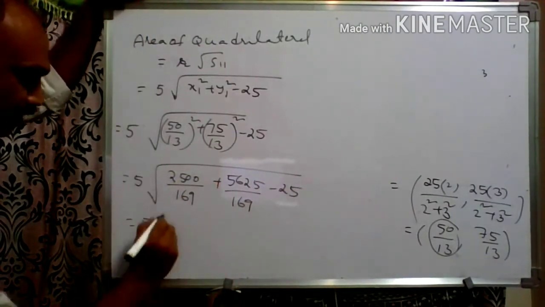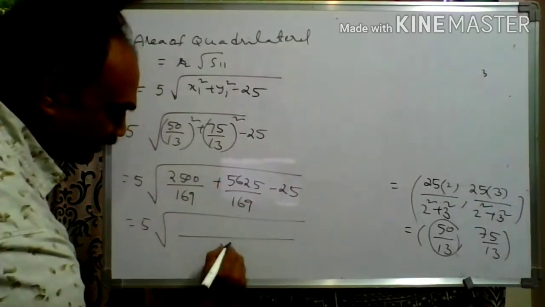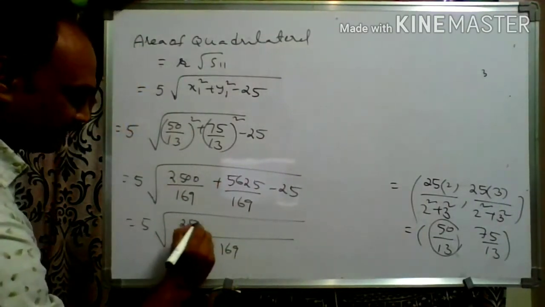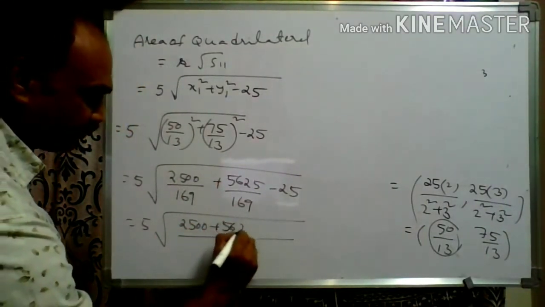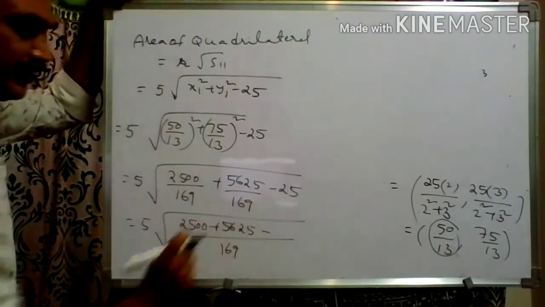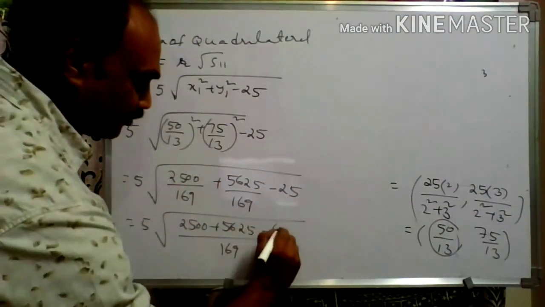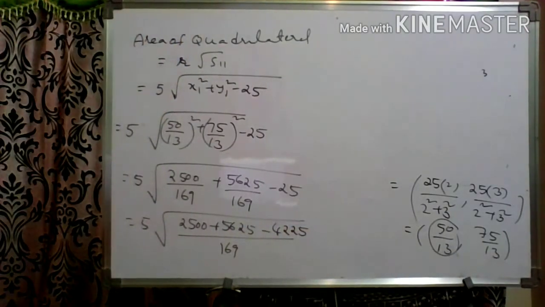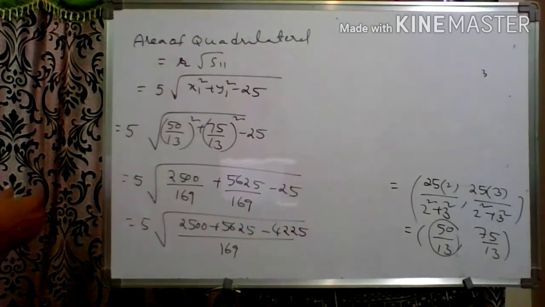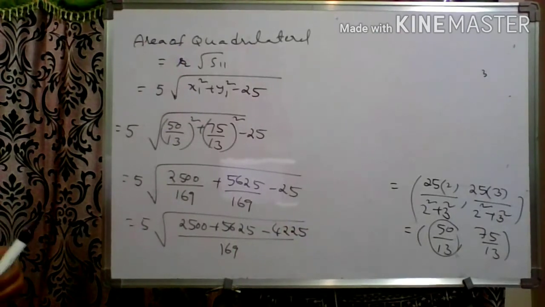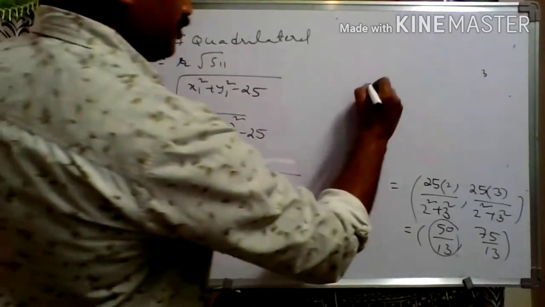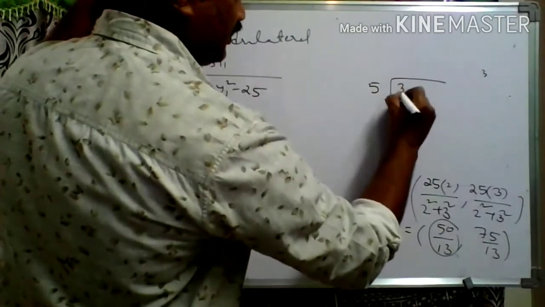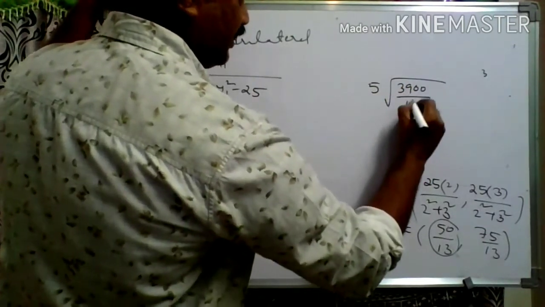Students, 5 into root of, LCM is 169: 2500 plus 5625 minus 25 into 169, which is 4225. So 2500 plus 5625 minus 4225, the total value is 3900 by 169.